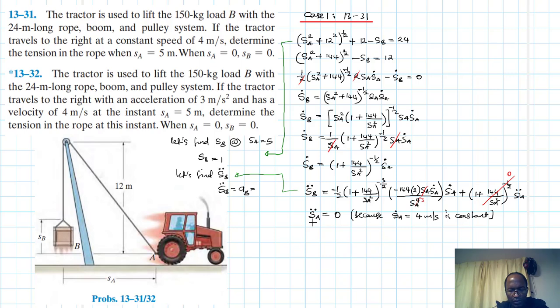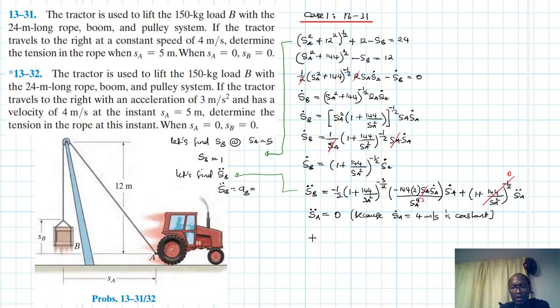So I have 144 divided by 5 squared, plus 1 to the power minus 1.5, times 0.5 times -1, then times -1 again, then times 144 times 2 times 4 squared, and then divided by 5 cubed.